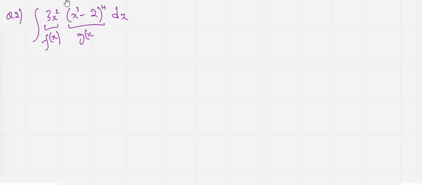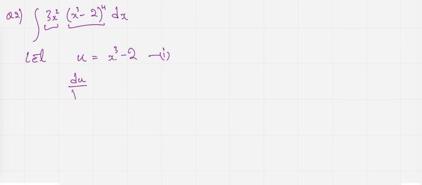Okay, so if I'm going to use my u substitution here, I will replace my x cubed minus 2 with my u, and then I just apply the same process that I did in the first question, that I will take the derivative both sides of this first equation with respect to the original variable, which is my x. And you can see that this is an indefinite integral, it's not having the limits, so there's no need to transform it. We will get our answer having some constant attached there.